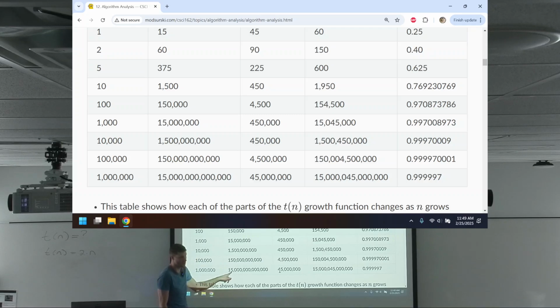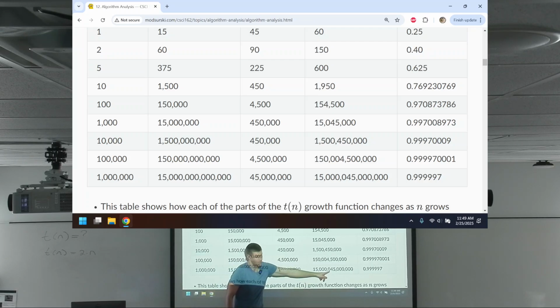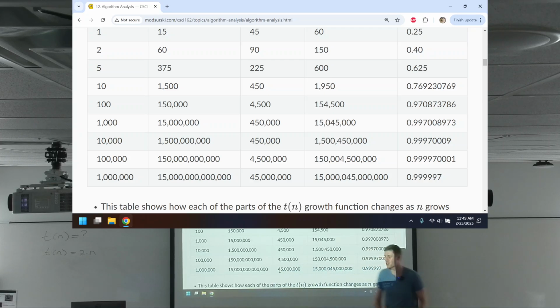Million, billion, 15 trillion. That's a lot of steps. And the 45n is 45 million. Look, I'm not saying 45 million isn't a big number, but it ain't no 15 trillion. When you look at the sum of the two, that's pathetic.